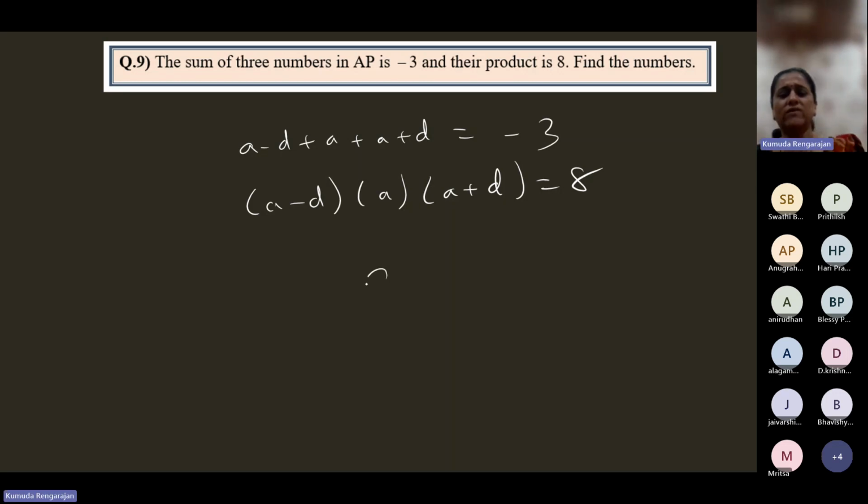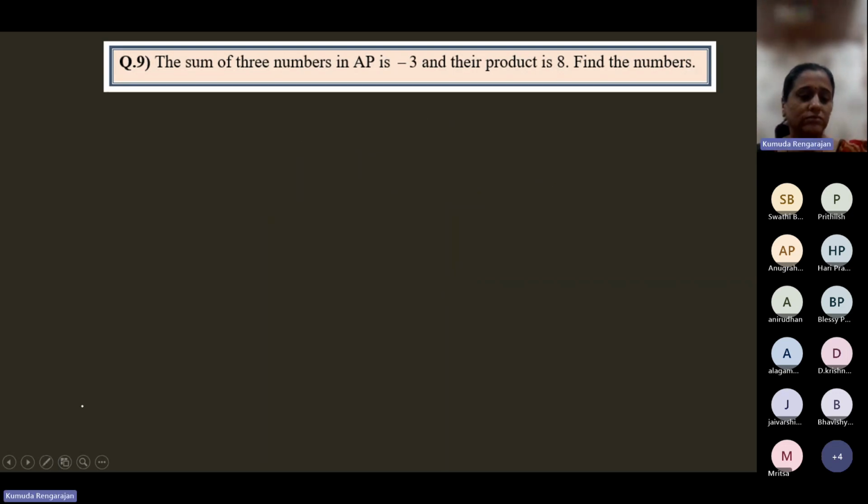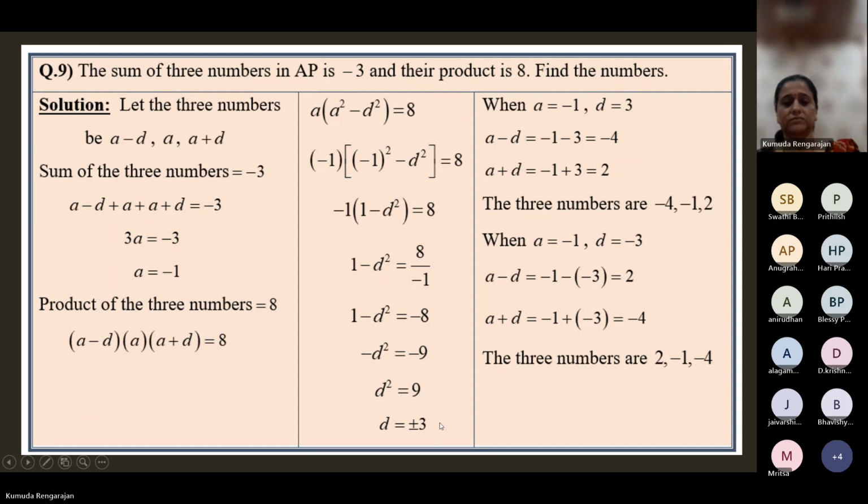When you work, you'll get the values of A and D, and hence you can generate the AP. I think you can understand this yourself. I'll just show you the answer slide. This is not at all difficult, children. Please take down the question and work the answer.